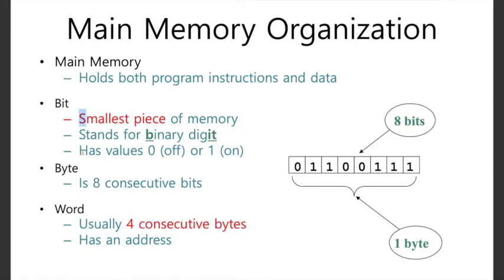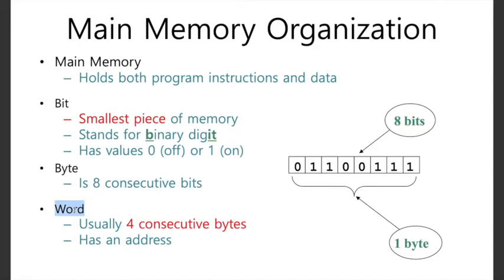As you can see here, these bits have the value of 0, off, which means the absence of electricity, the absence of signal, and this is the presence of signal, which is on. And when you have 8 bits together, you call them a byte. And 4 consecutive bytes are called a word.